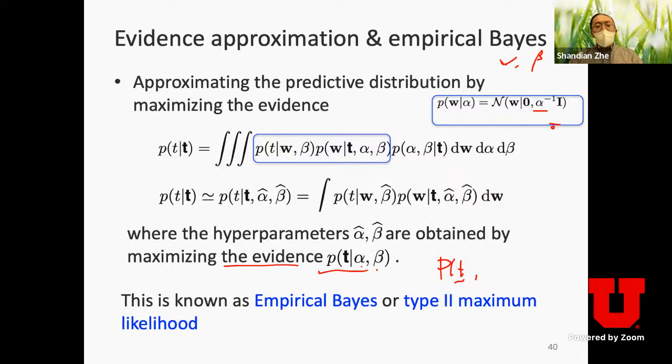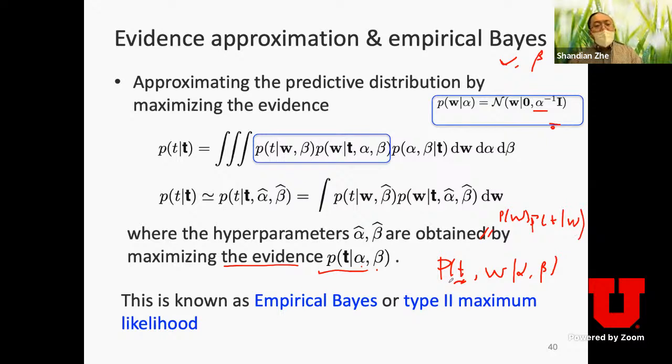If we perform standard MLE, you maximize the joint probability of the model parameters and the observed output. This is proportional to the prior times the likelihood of your observation given W. This is the standard MLE.